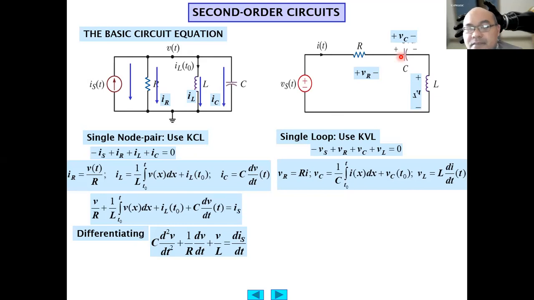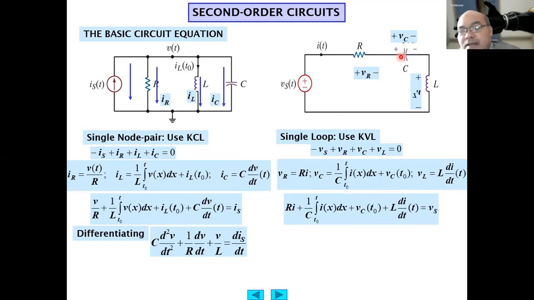And the VL can be expressed using the differential form of the inductance law: VL equals L di/dt. Then we substitute these into the KVL in the first line, so that becomes Ri plus 1 over C integral of i(x) dx from t0 until t plus Vc(t0), plus L di/dt equals Vs.